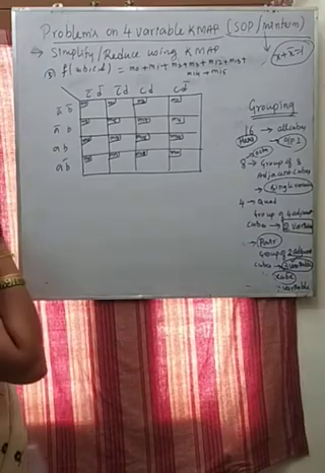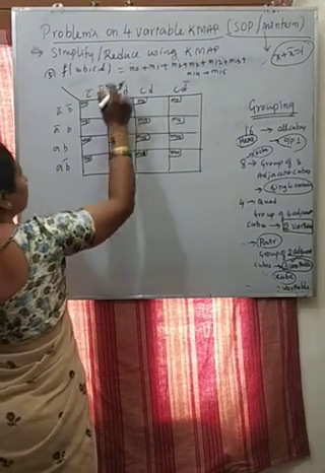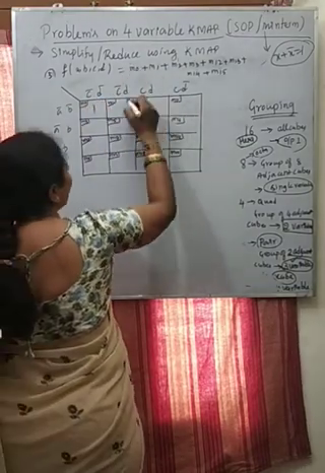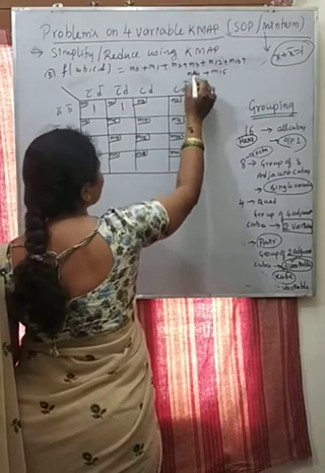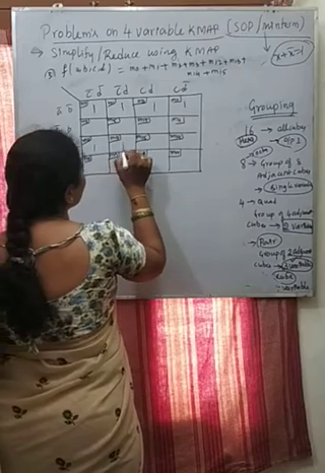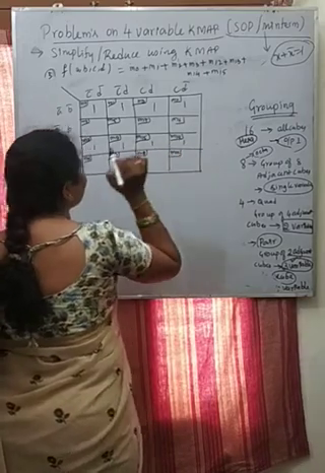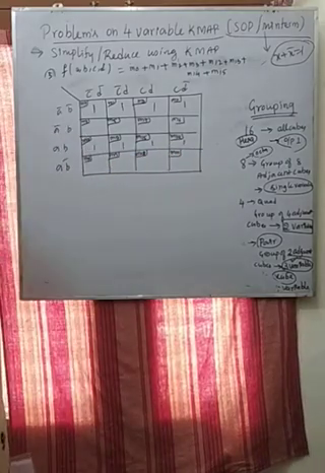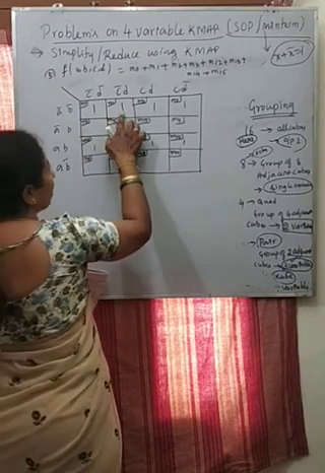What are the terms present here? M0 is present. Present means 1. M1 is present. M2 is present. M3 is present. M12 is present. 13 is present. 14 is present. 15 is present.